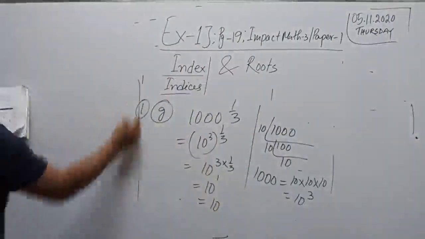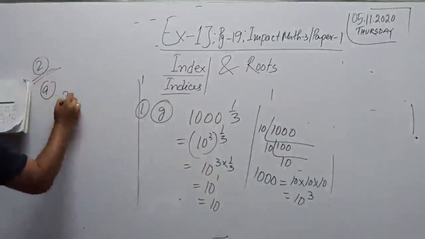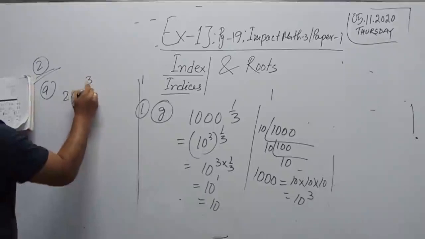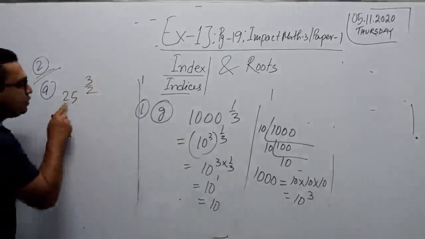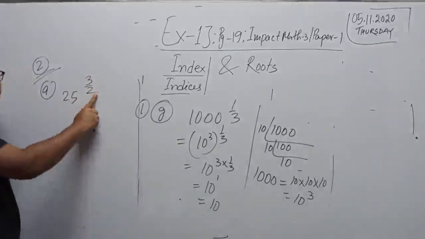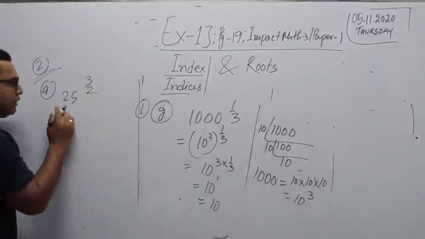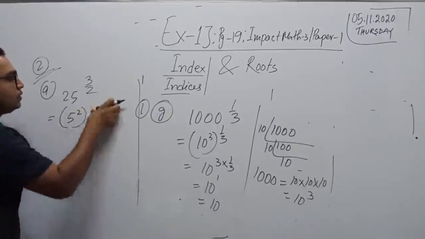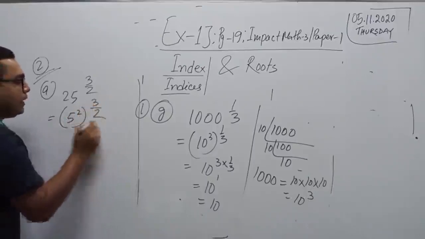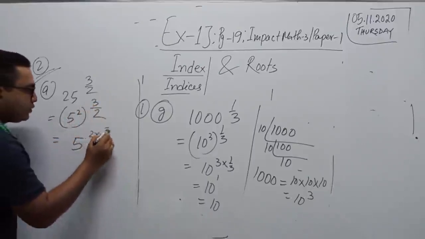Okay, number 2. Question: 25 to the power 3 by 2. Look, always you will focus on the denominator. Suppose 25 can be written as 5 square. So 5 square to the power of 3 by 2. Now multiply 2 into 3 by 2.